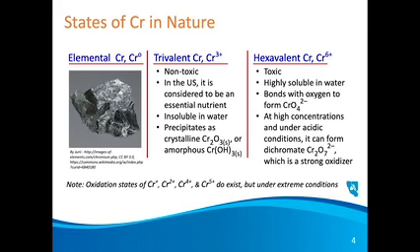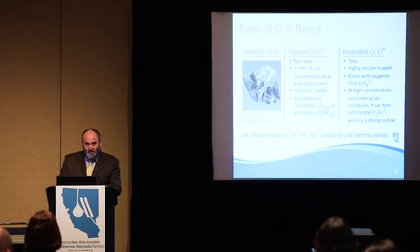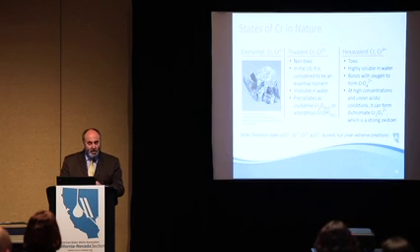Trivalent chromium, Chrome 3, is non-toxic. In the US, it's considered to be an essential nutrient, although there's some more recent debate about that. And I have to emphasize in the US because other countries disagree with it. It is insoluble in water. So when Chrome 3 is present in water, it precipitates in one of 2 forms, depending on concentration and the chemistry of the water.